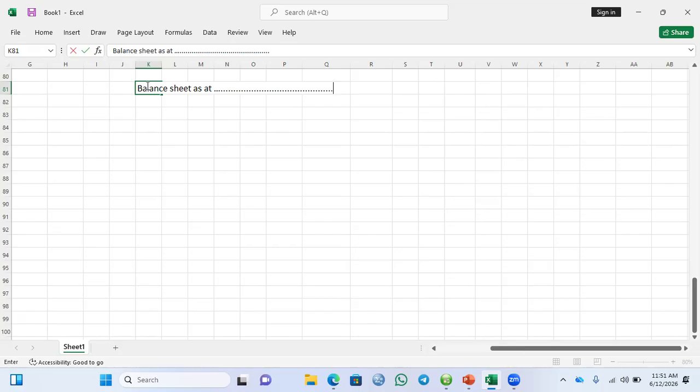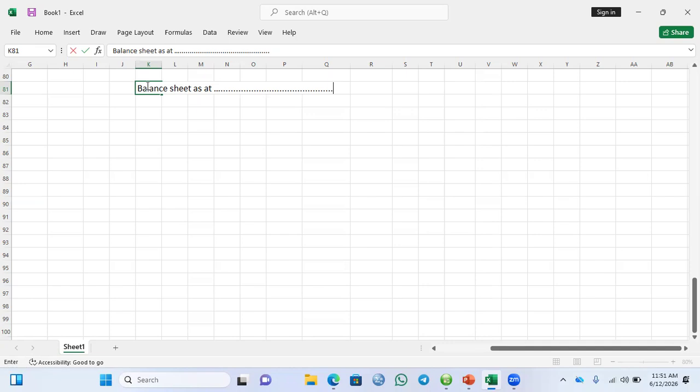But the balance sheet is a presentation of all the assets, liabilities, and capital balances from the date the business started doing business to the time you are preparing it.